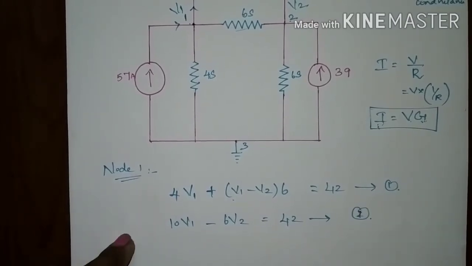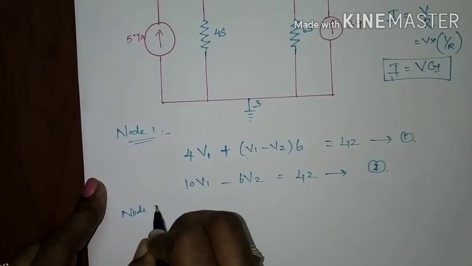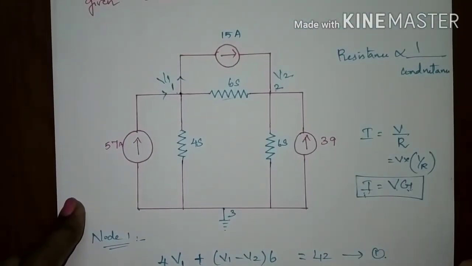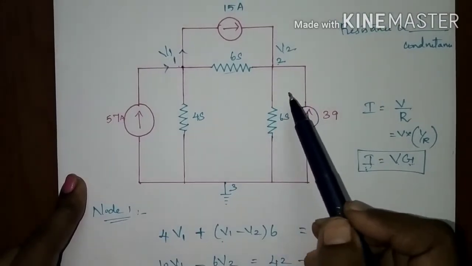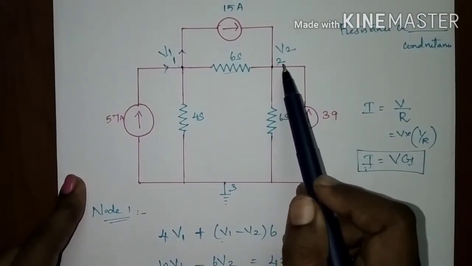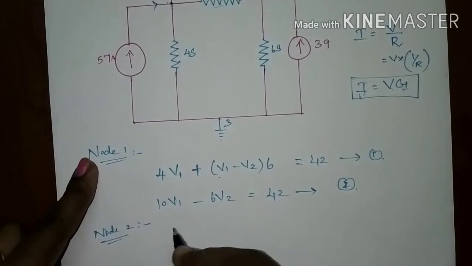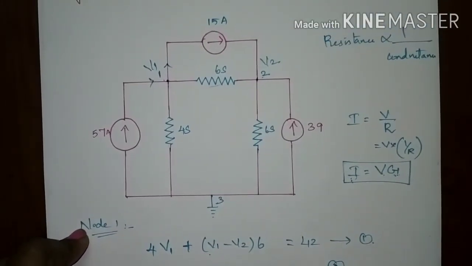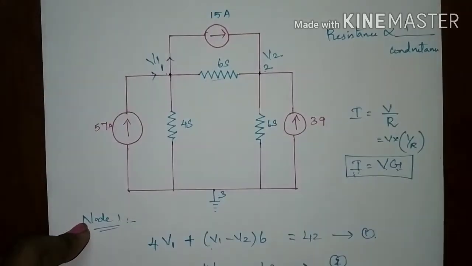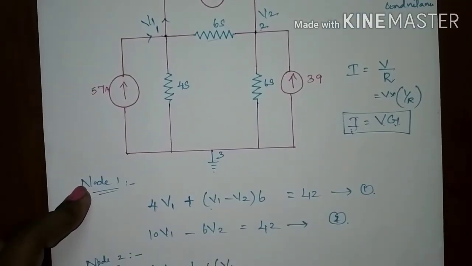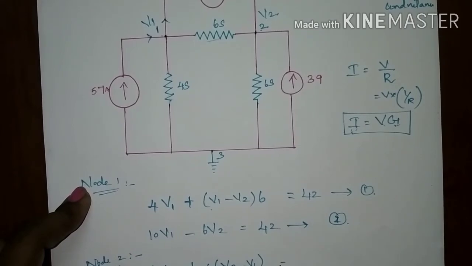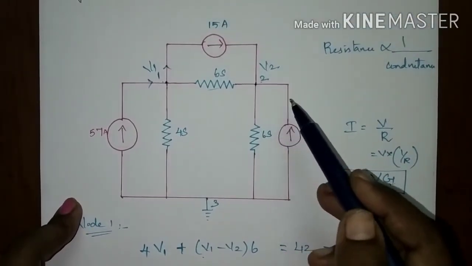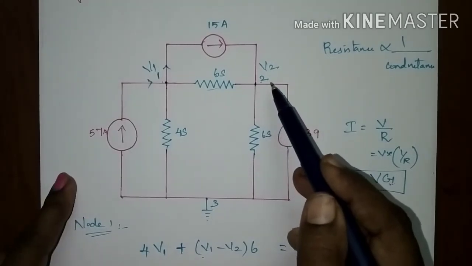Equation 2. In node 2, similarly, write the KCL equation. First is the self conductance connected to the second node, 6 V2, and next is the common conductance connected to both the nodes, that is 6 into V2 minus V1, which is equal to the sum of the current incoming minus the sum of the current outgoing.